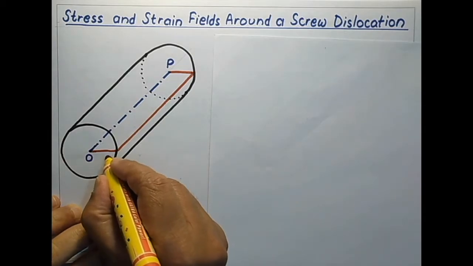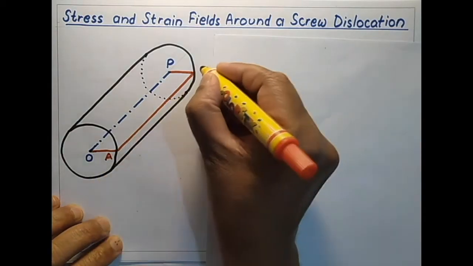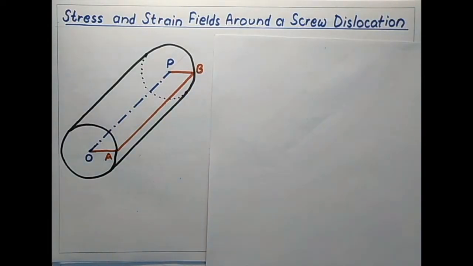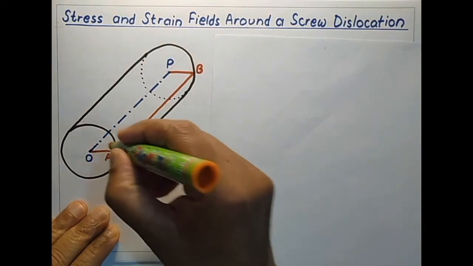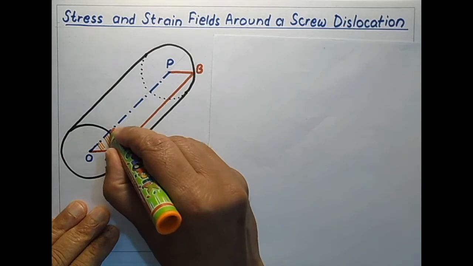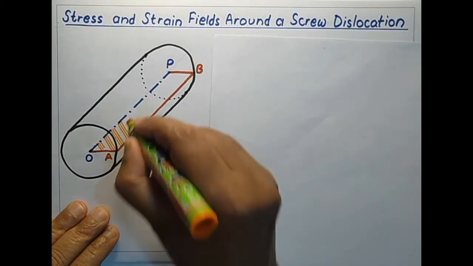So OABP is a rectangular cut ending on the axis OP in my material. Let me just hatch this region so that it shows it has been cut.